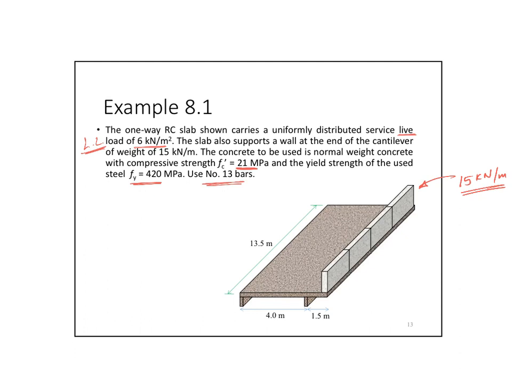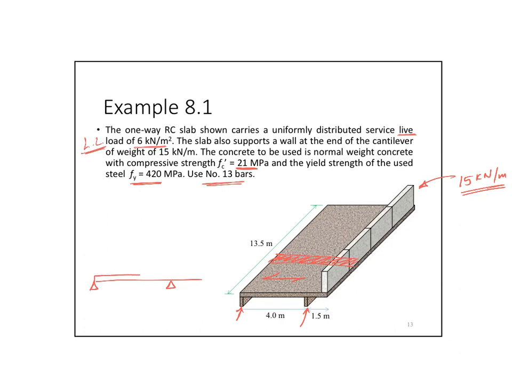Where is the direction of my strip? It will be in the direction of my force, and the direction of the force is the short direction. Where is the force going? This way. So this way I will take a 1 meter wide strip. In this case I have a support here, and I have another support here and a cantilever. So it will look something like this.